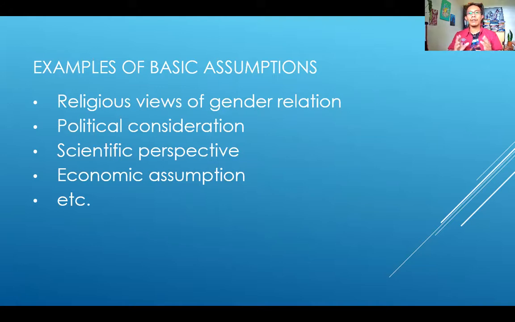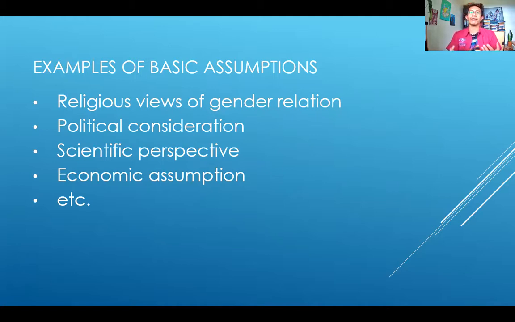Basic assumptions can be religious views on certain topics, such as gender relation. It can also be political consideration related to certain issues in the society. It can be scientific perspective. It can be economic assumption, and so on and so forth. Well, there are so many assumptions, and actually, you can tell a writer's basic assumption by knowing who the writer actually is.